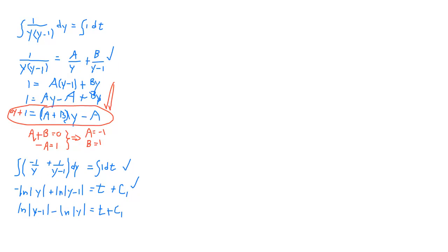And again, my goal is to solve for y. So on the left side, I have a difference of two logs. We know there's a rule when you have the log of a minus the log of b, that equals the log of a over b.